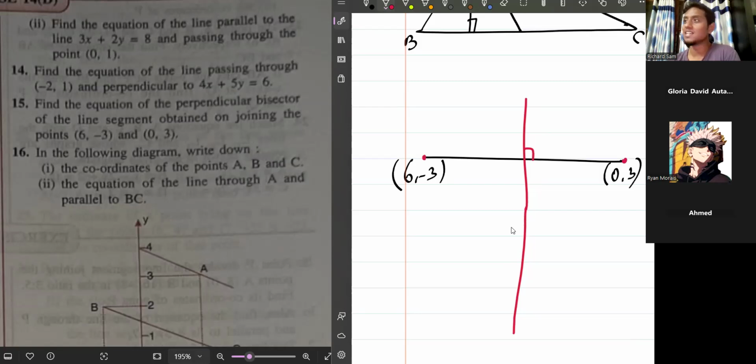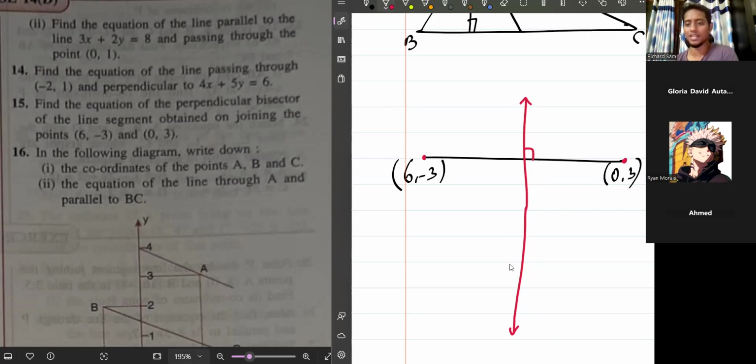And this red line is a line, means there is no ending. It's going up, going down. So you can't bisect the red line because you don't know where its ending and starting is. You can only bisect the black line because it is a line segment. Is that clear, Aman?